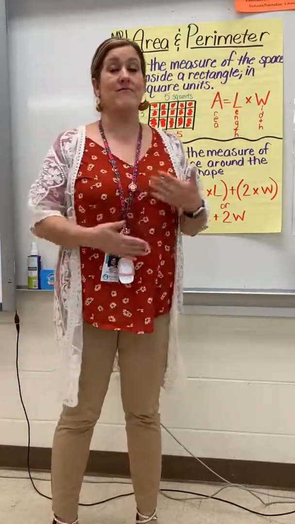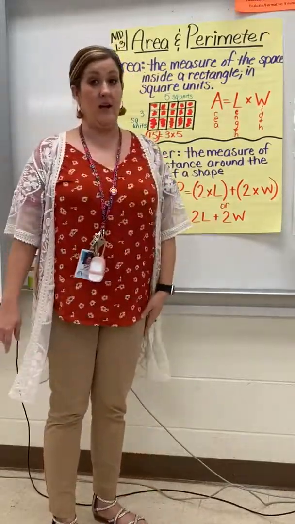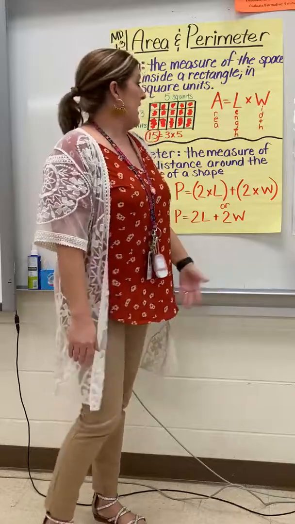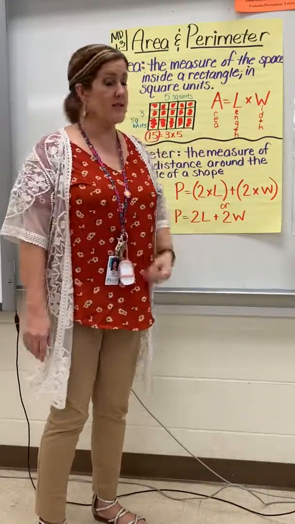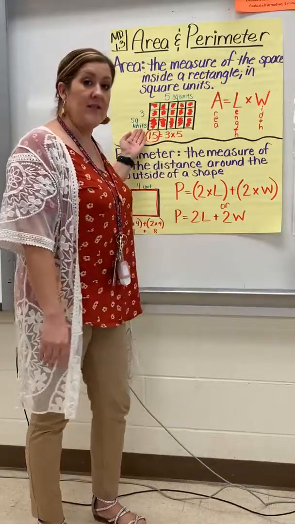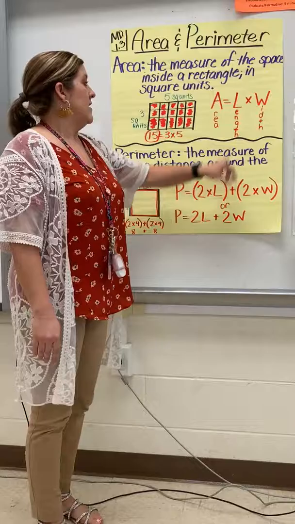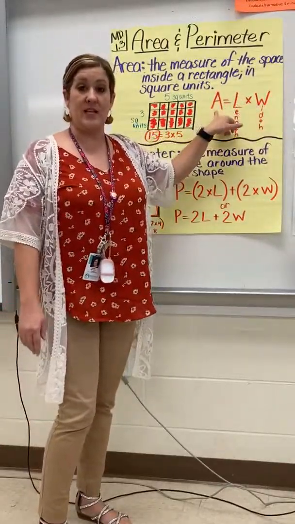So how it kind of works in 4th grade is that they'll be given an area and they'll be given one of the side lengths. In this case, they would be given that the area is 15 square units, and maybe given that the length is 3. They would have to figure out that 3 times something equals 15.